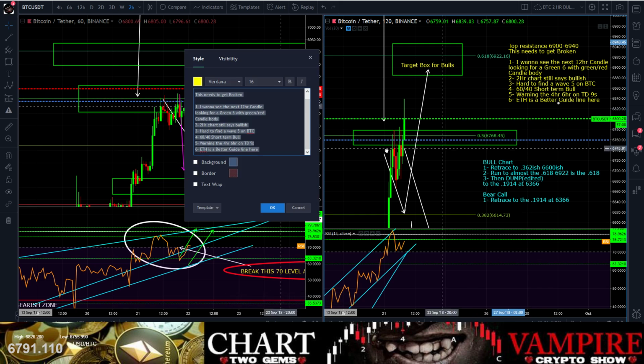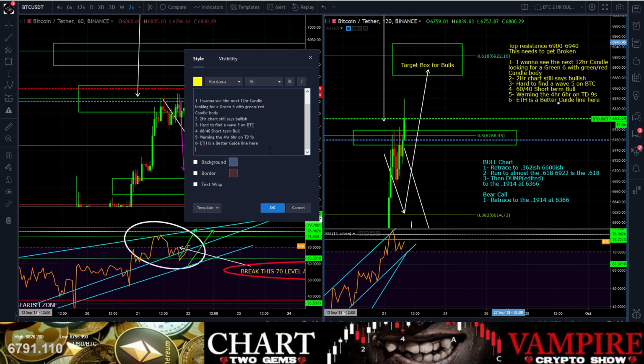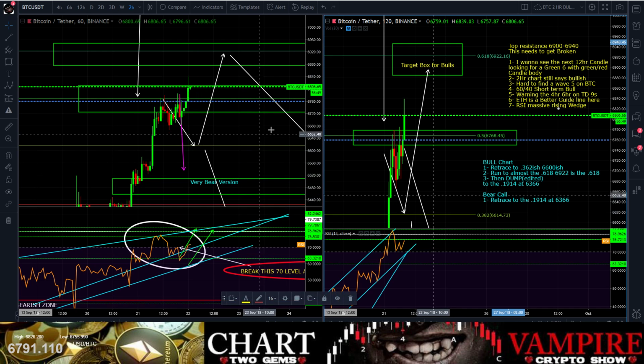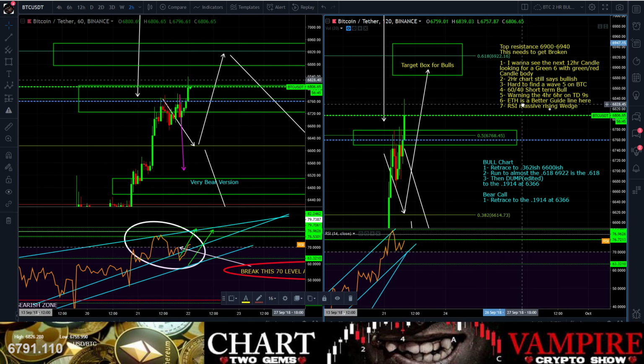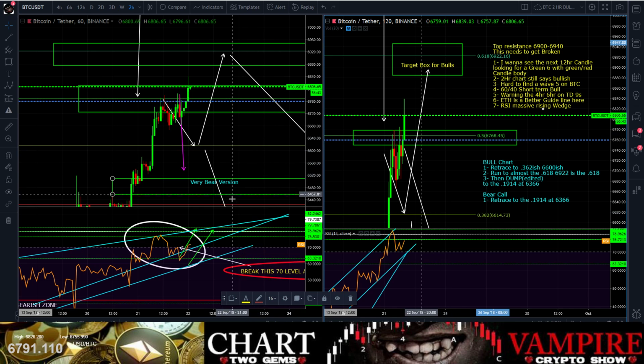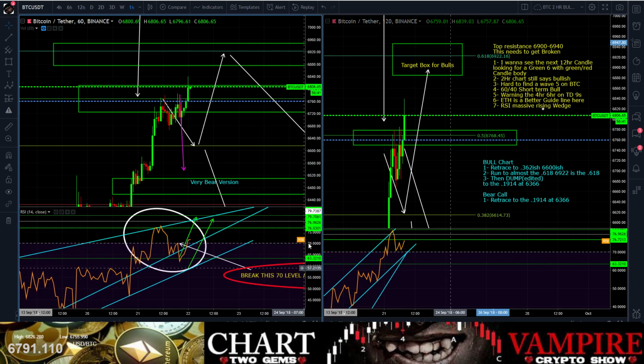So the RSI is a massive rising wedge. All right, so that's it.